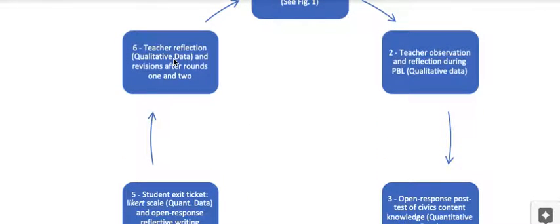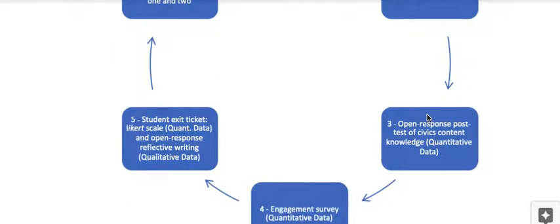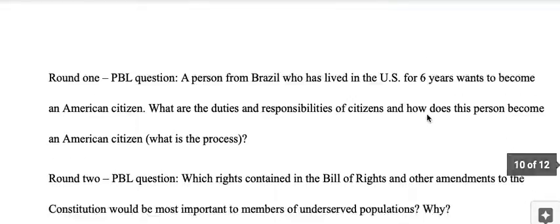I will reflect on their data and make changes to the scaffolds and supports after rounds 1 and 2. And then they will go ahead and do the round again. And so there'll be 3 rounds of this PBL process.